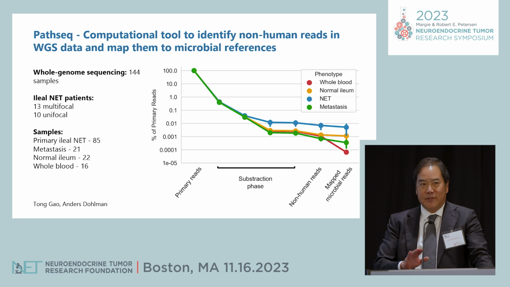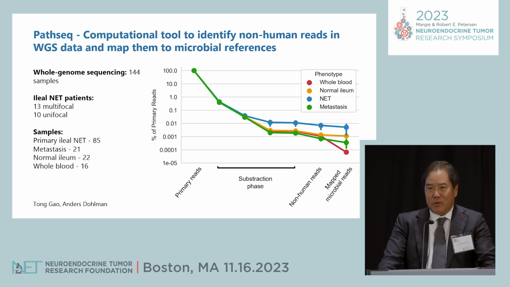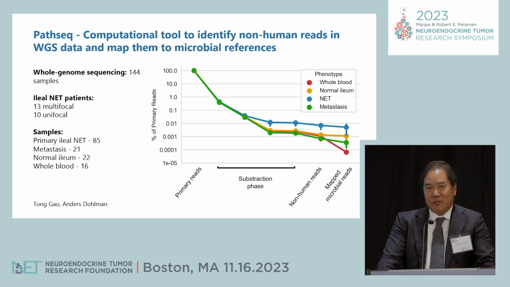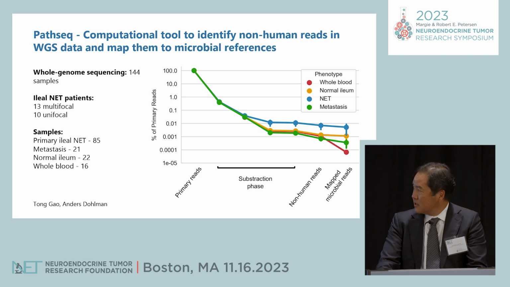Then there's a filtering phase where we remove low quality and repetitive sequences. Then any sequence that maps to human sequences is subtracted out. That's the subtraction phase. What you're left with is presumably non-human sequencing reads, which are then aligned to known microbial sequences.